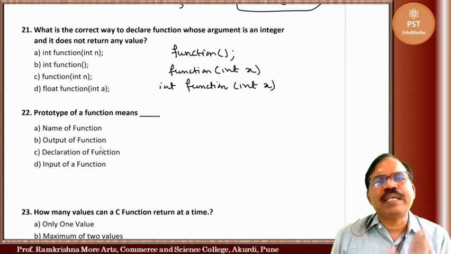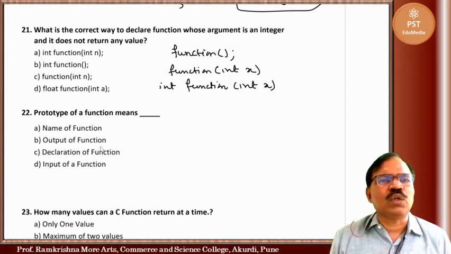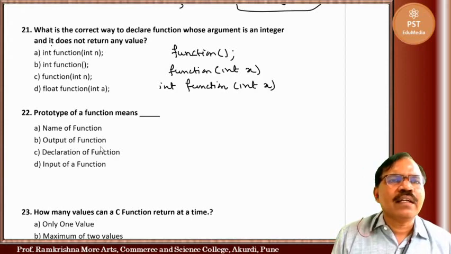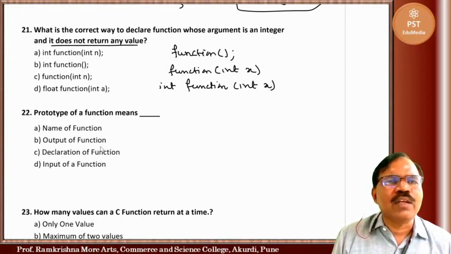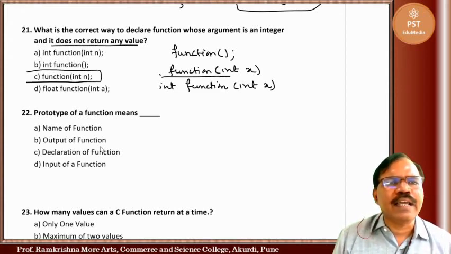So in place of int you can have float, character, and so on. Now here it does not return any value. So you can take this one: function int n.